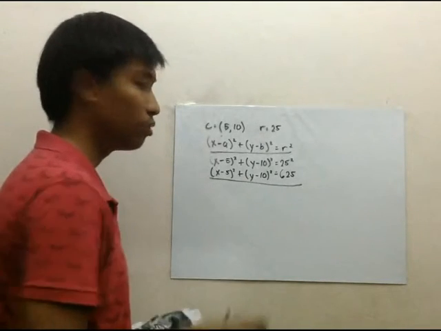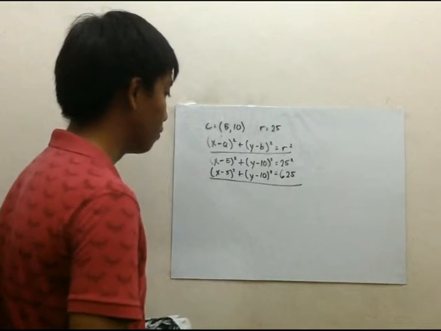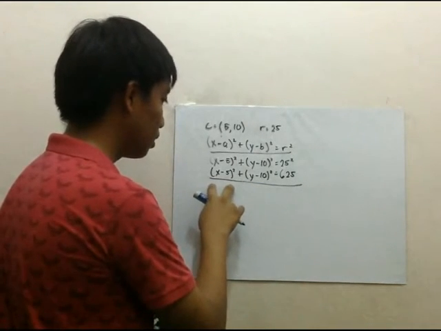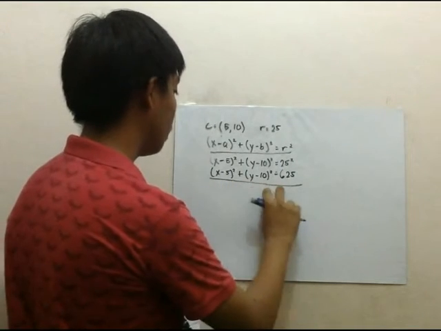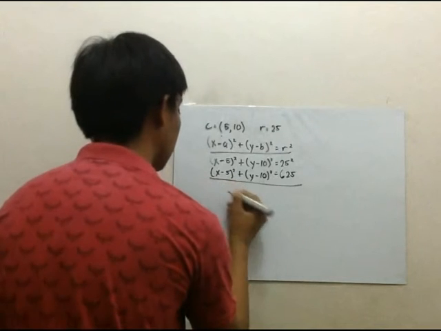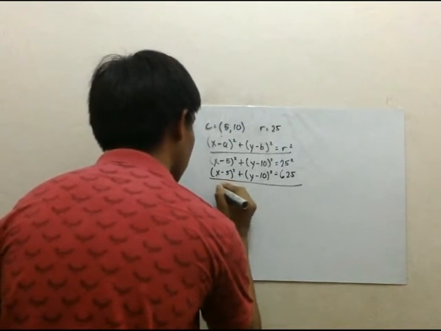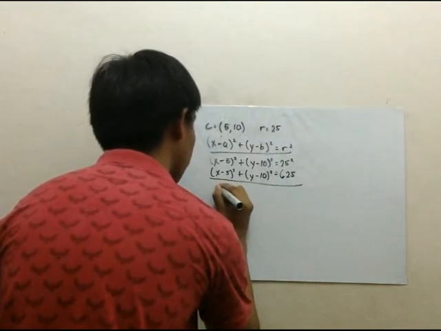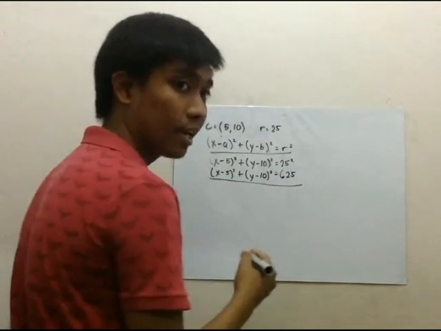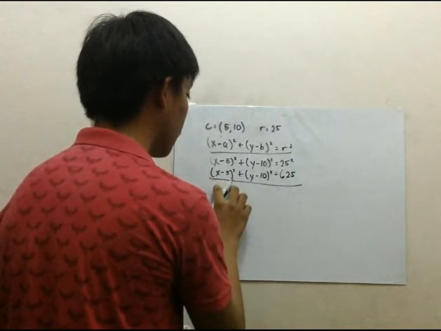And to convert it into general form, let's square the x and y coordinates, or let's factor the x. First, let's factor the x minus 5.